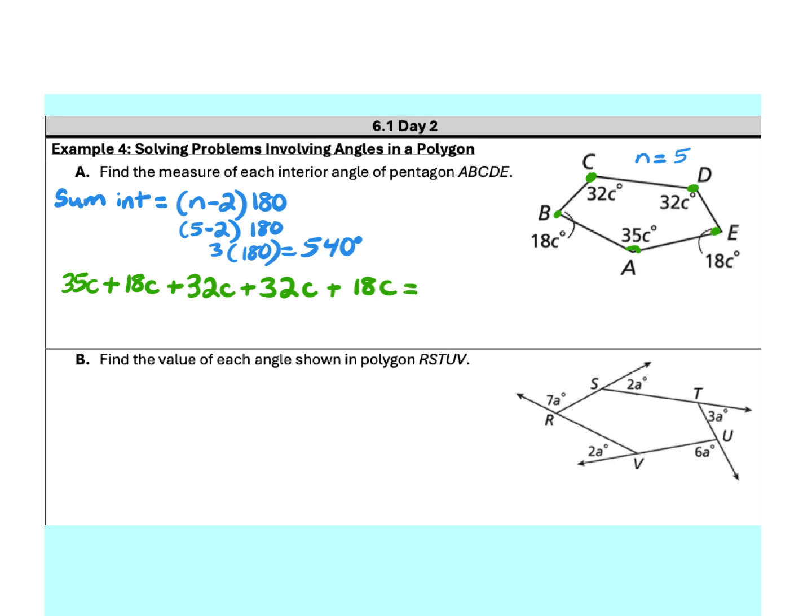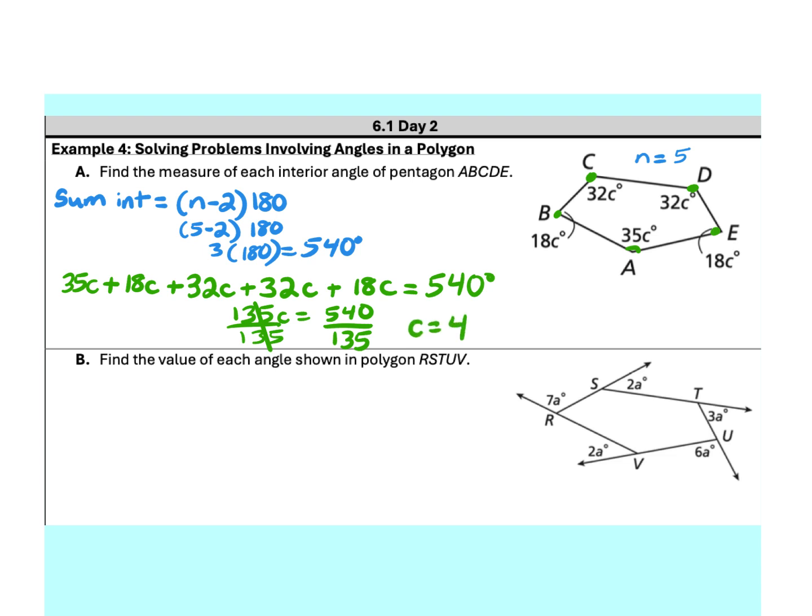And because it's a pentagon, the total sum has to equal 540. And now we just do the algebra here. If you add up all of those numbers, you're going to get 135. So 135C equals 540. Divide by 135. And when we do that, we end up with 4. So C is equal to 4.